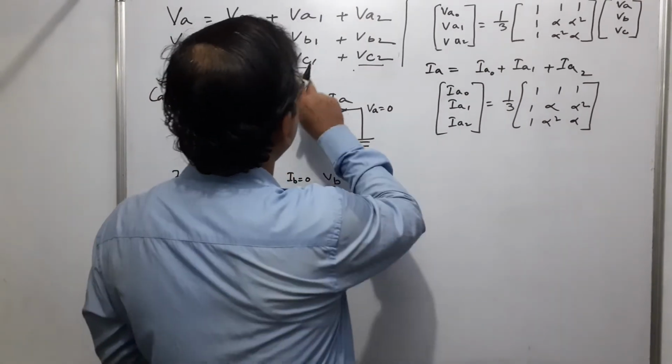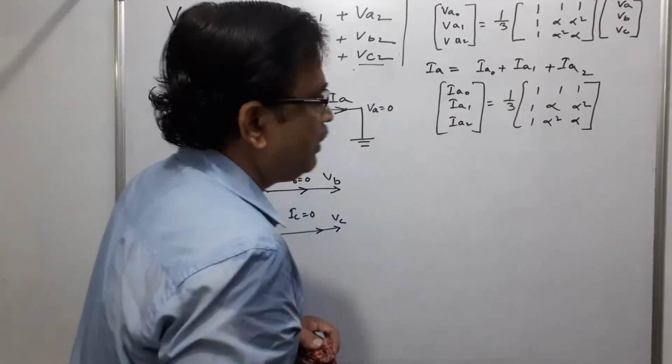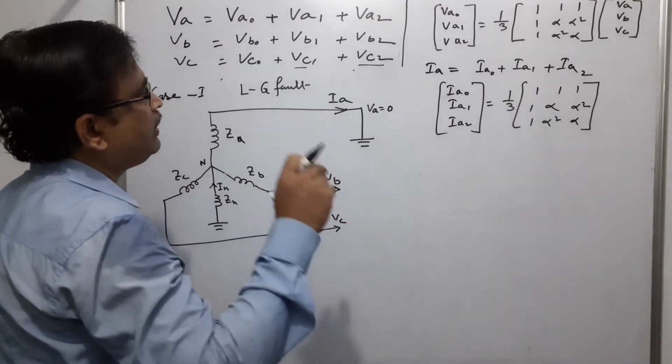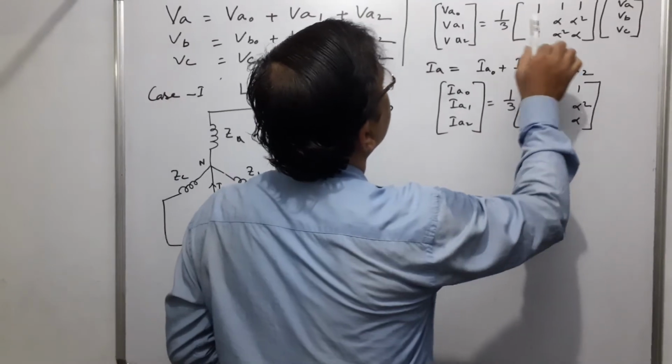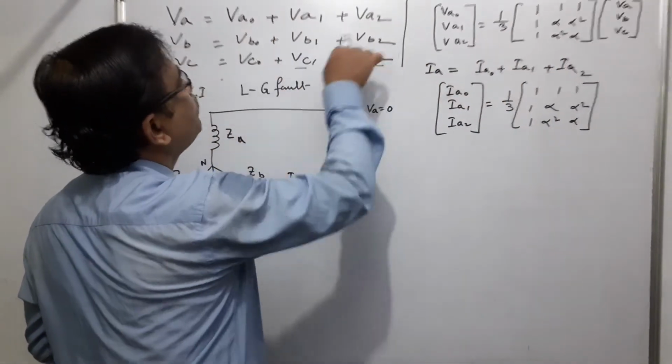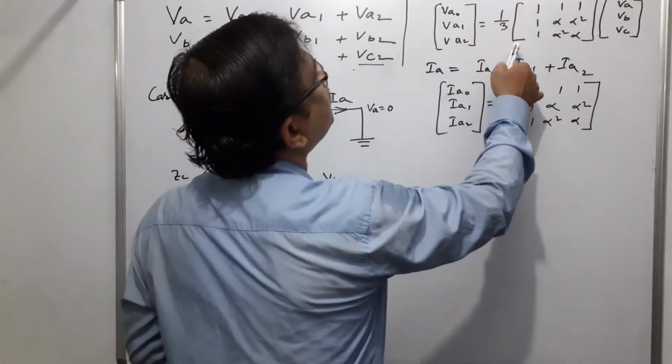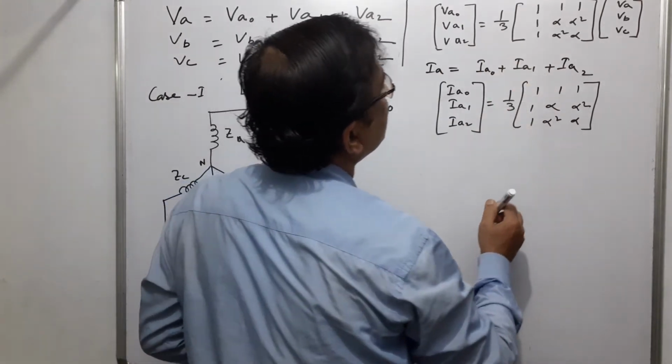We have seen this already in our previous lecture: from this we create the matrix, and from that inverse matrix we get this.